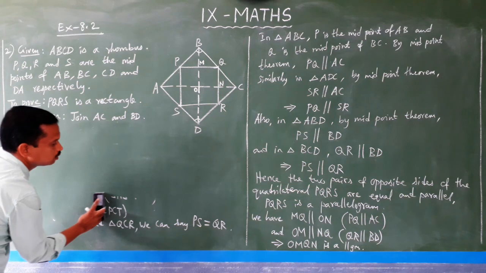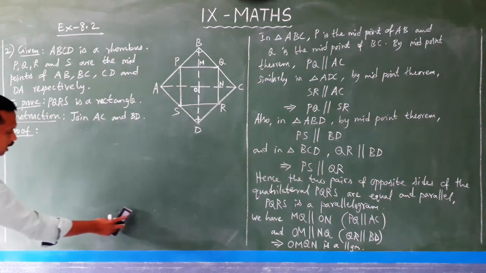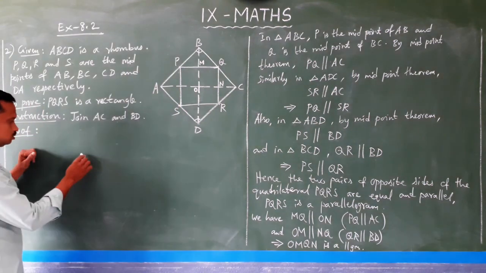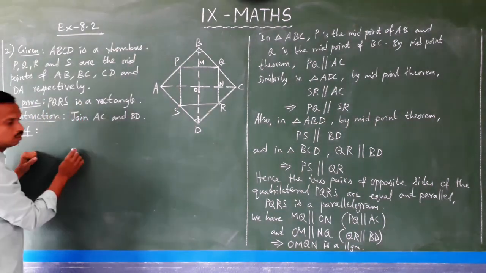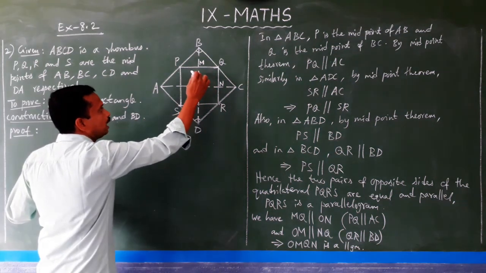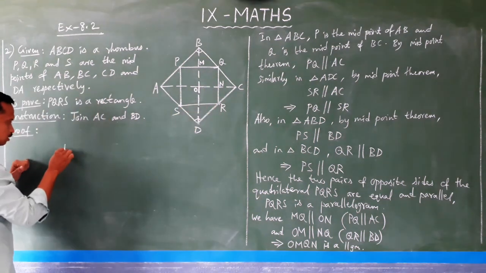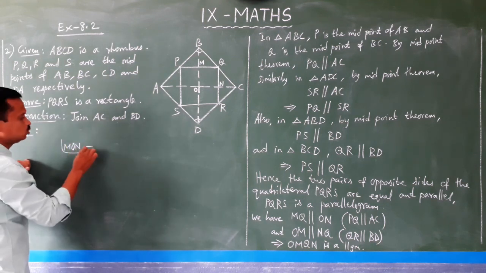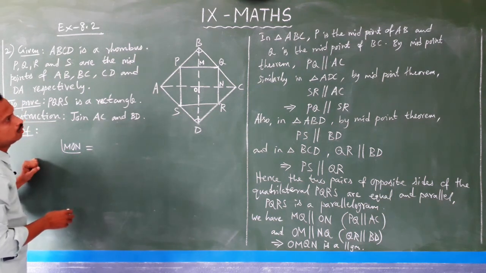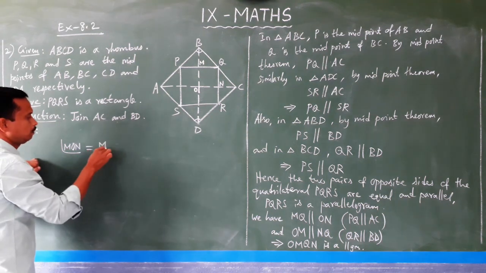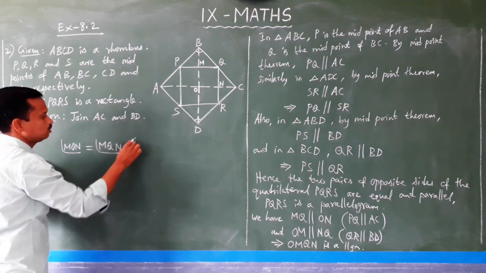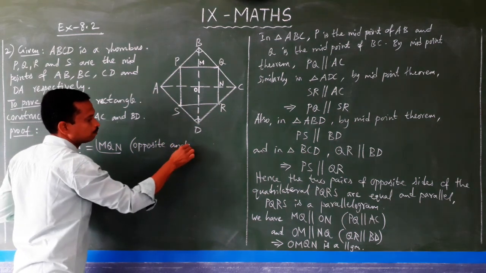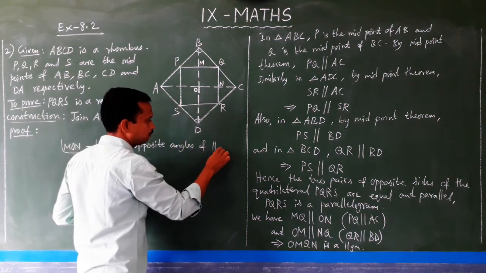After finishing that OMQN is a parallelogram, now we are moving this side. In this OMQN, angle MON is equal to angle MQN because opposite angles of a parallelogram are equal.